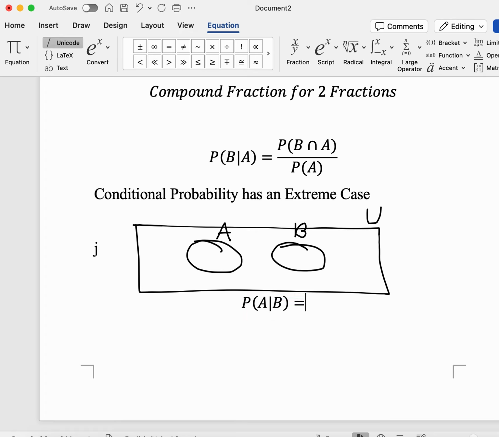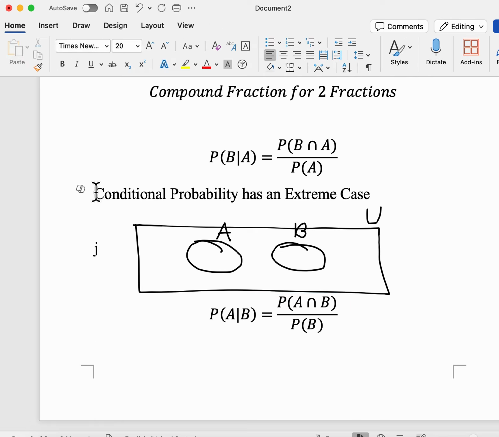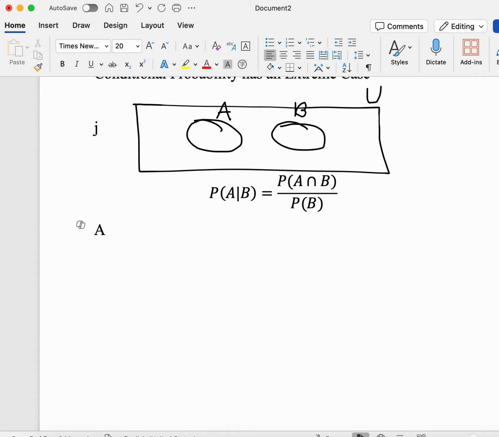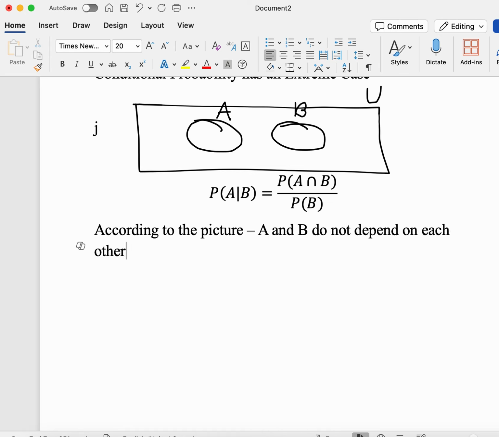Let's look back at the original formula. According to the picture, A and B do not depend on each other.